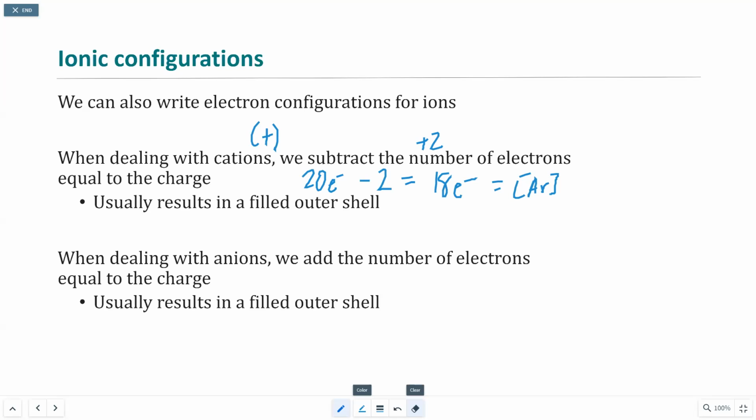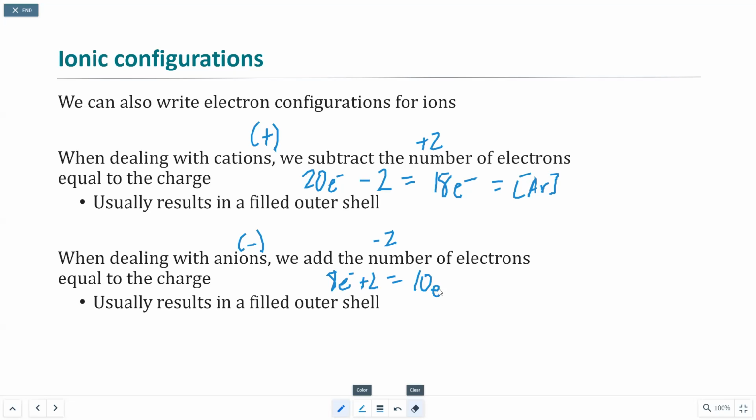Similarly, if we are dealing with anions, that is negatively charged ions, then we need to add electrons to the total to give us the total number of electrons of the ion. So if I have 8 electrons in a particular element and a -2 charge, I would need to add 2 electrons.